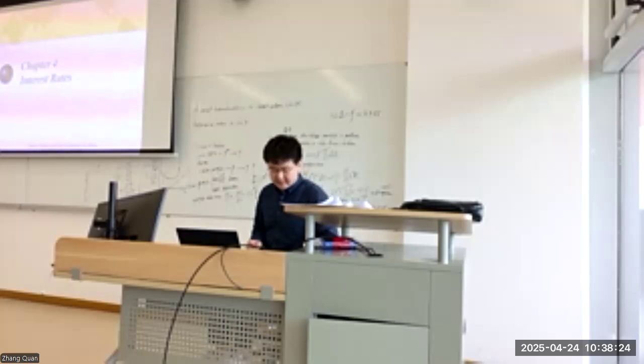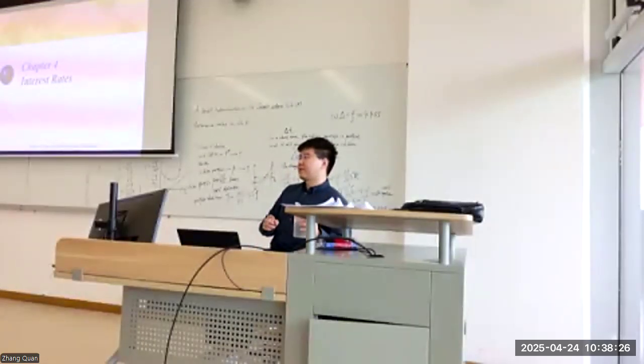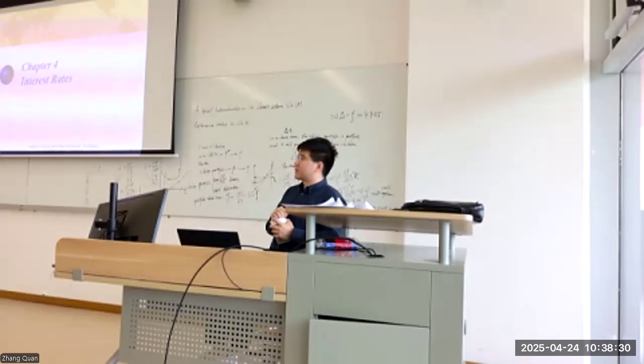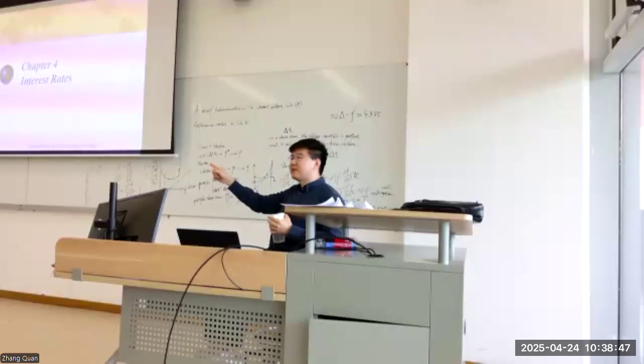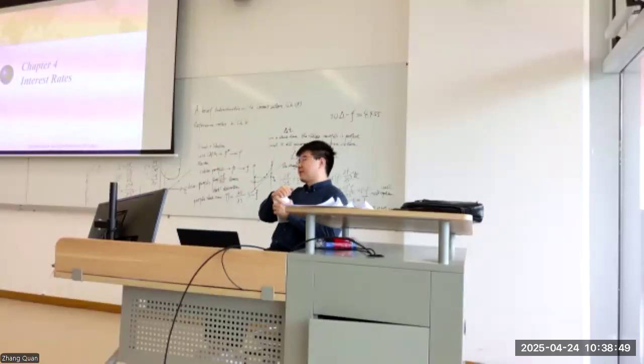I guess some of you may feel confused why we talked about options first, although those chapters come much later than interest rates. Why do we talk about chapters 10, 11, 12, 13, even 19 and 20, first?